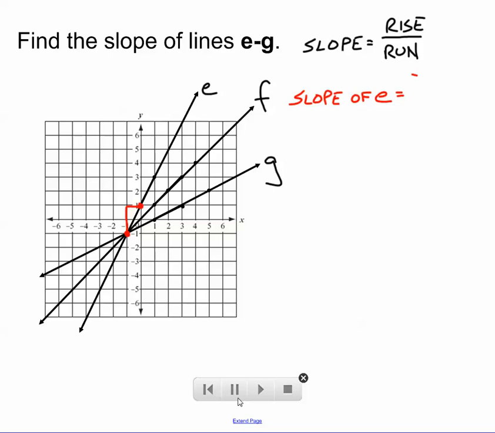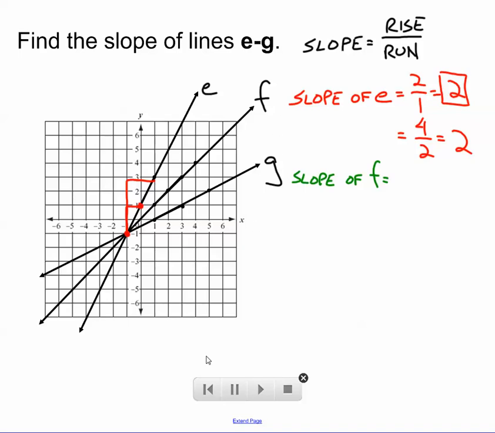It goes up 2 and over 1. That's a slope of 2. Some might say, no, it goes up 6 or up 4 and over 2. Yeah, you're right. That's a slope of 2. Okay, so you can look at it any way you want, but it always is going to simplify to the same thing.